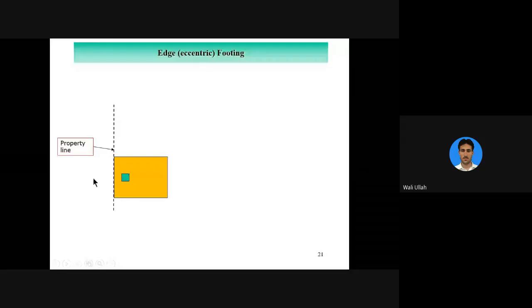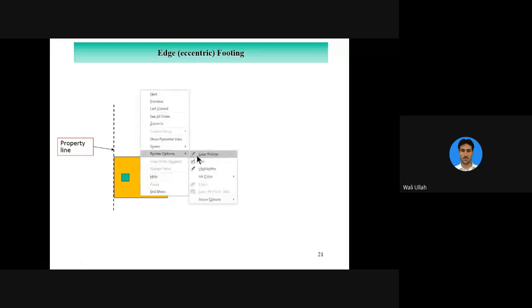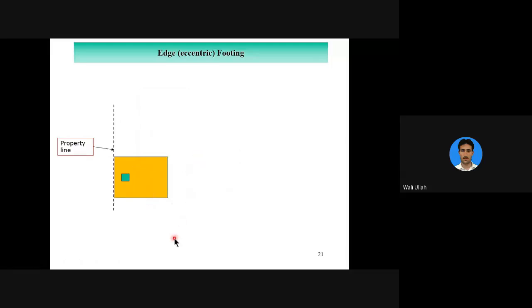But the column load is high and it requires a bigger area. So definitely you have to extend the foundation to the other side, into your own property. It will be like this. Can anybody tell me, if I provide this kind of foundation, what problem could be there? How does it make the problem?